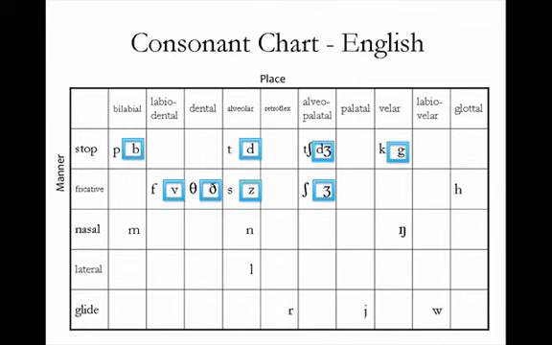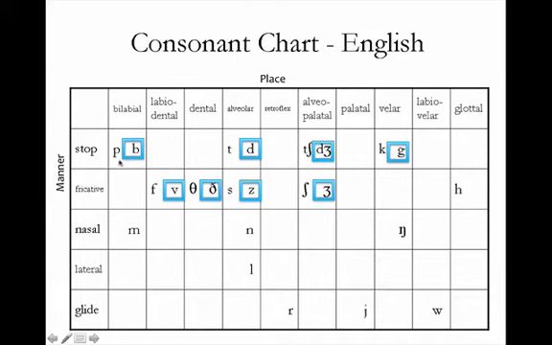Now we have our 3rd dimension of consonant production, which is voicing. And you will see that we have pairs of consonants in some of these categories that have the same place of production and the same manner of production. And we call these pairs of consonants cognates. They are the same on 2 dimensions of consonant production, but they differ on voicing.